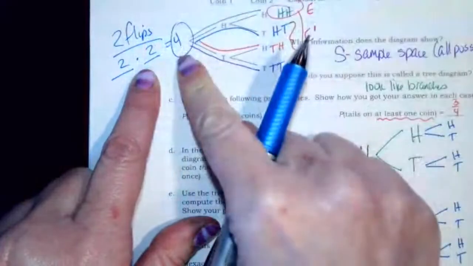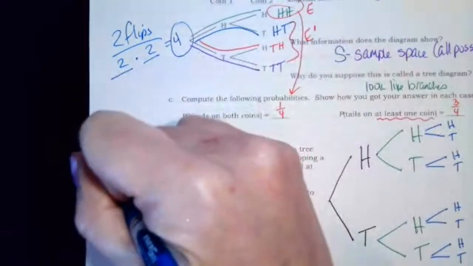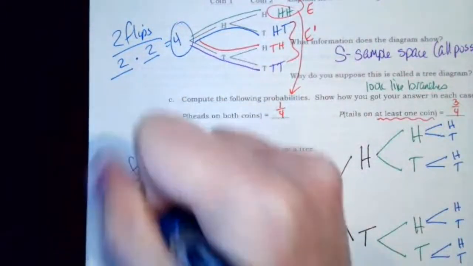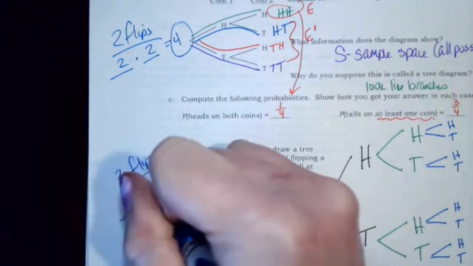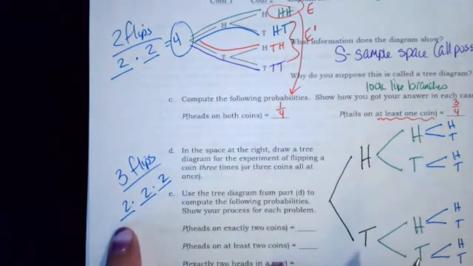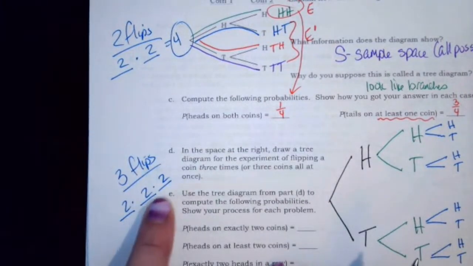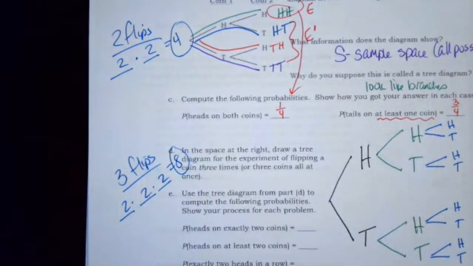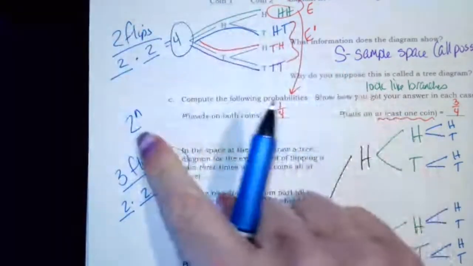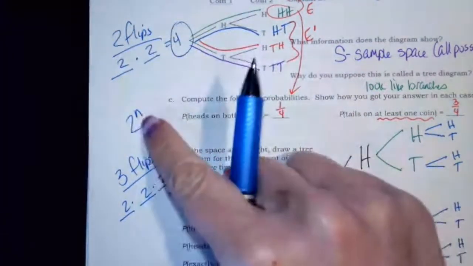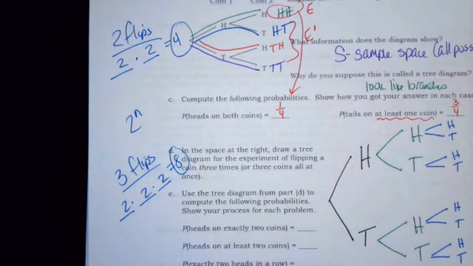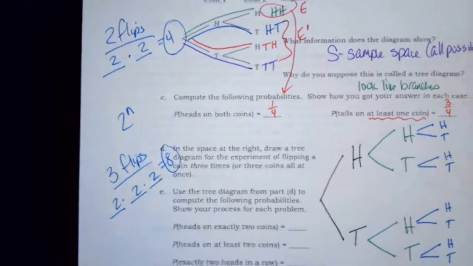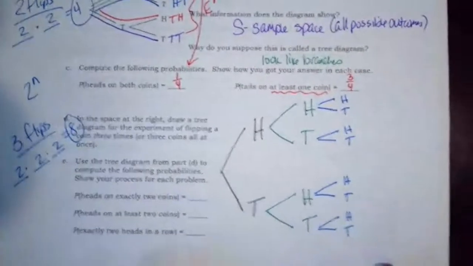So I had 4 possible outcomes in the sample space. When I'm doing 3 coin flips, then I have 3 blanks to fill in, and each time I flip the coin, it could be heads or tails. So I've got 2 possible outcomes each time for a total of 8. So basically, when I'm flipping coins, I can calculate 2 to the n power, where n is how many times I'm going to flip the coin, to see how many outcomes there would be in my sample space.